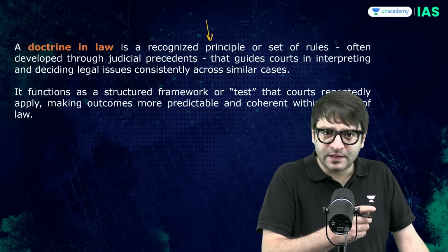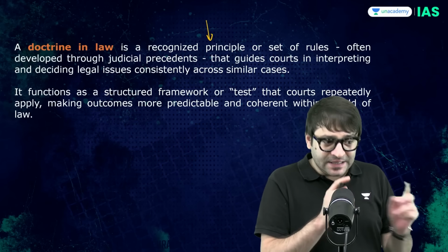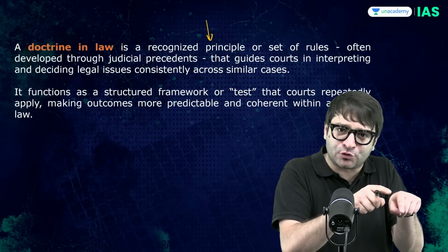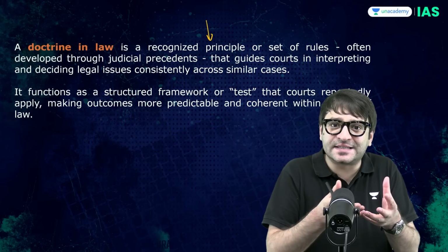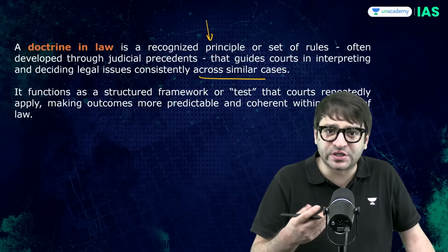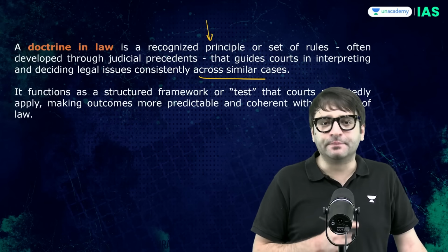And then again, when a similar case appears before the court again, the same principle, same set of rules will be applied again by the judiciary. Why? So that there is consistency in the way the Supreme Court or judiciary handles cases. This is what we call a doctrine.